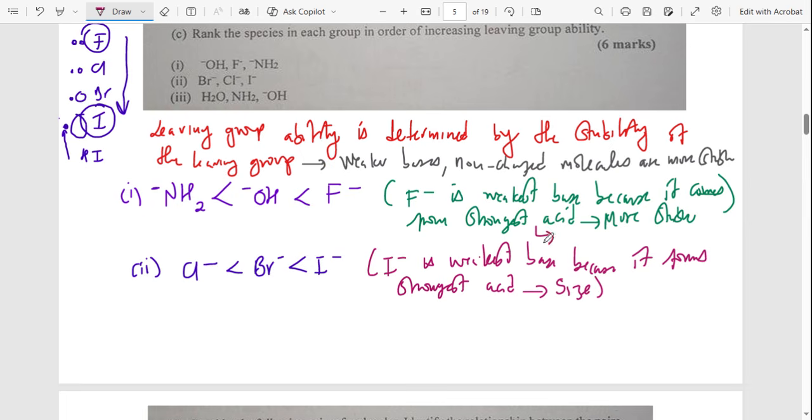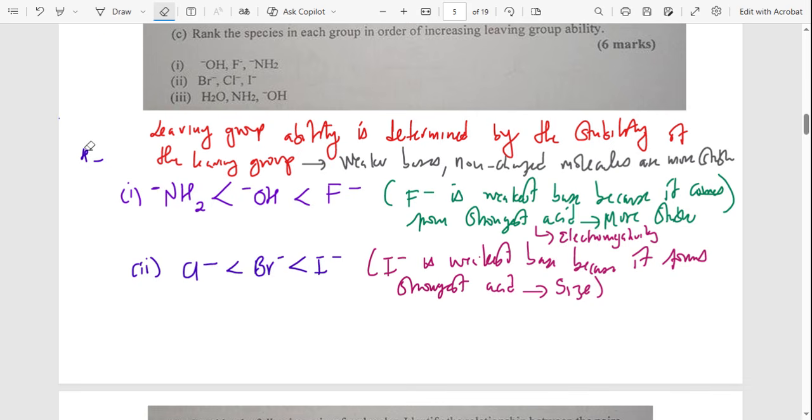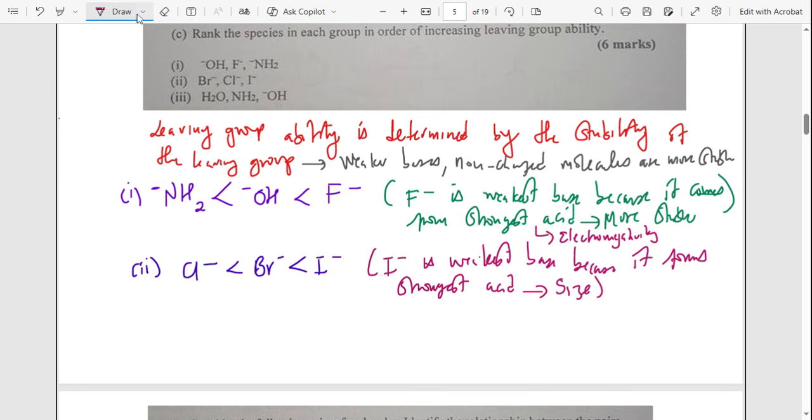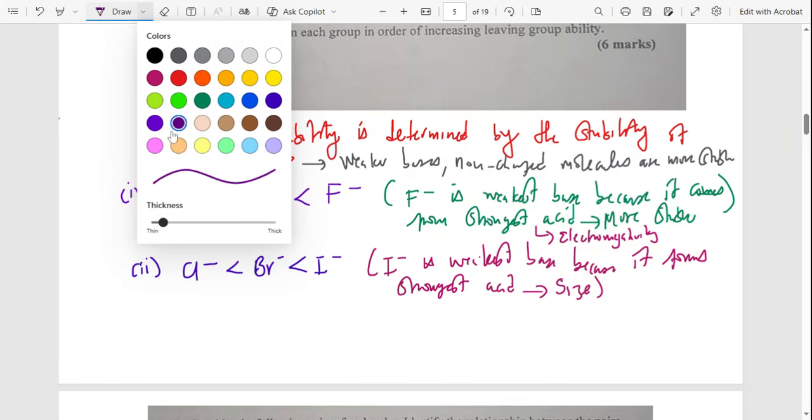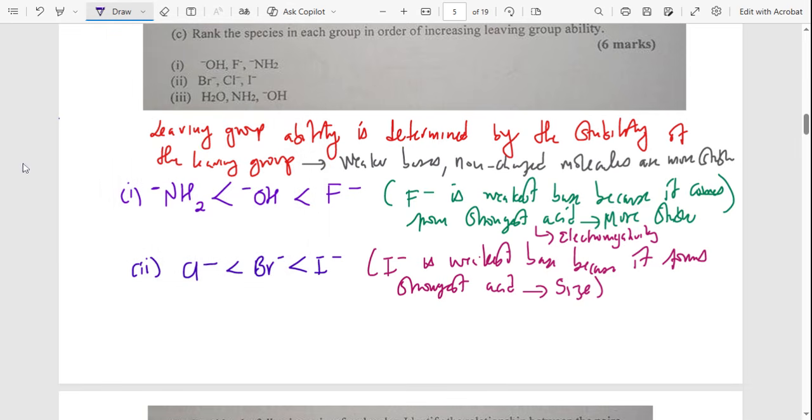The one on top had to do with the electronegativity. And then for number C, yes, Jacob. Yes, polarizability on size, you also apply the principle of polarizability.